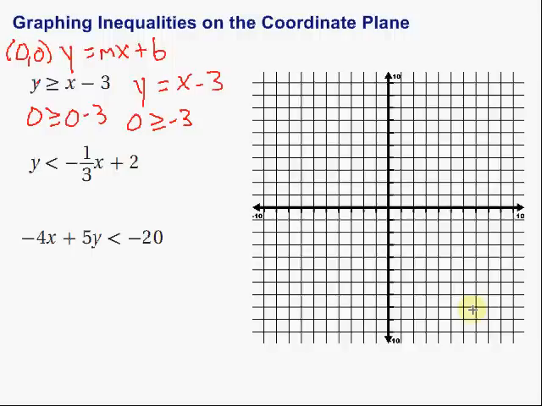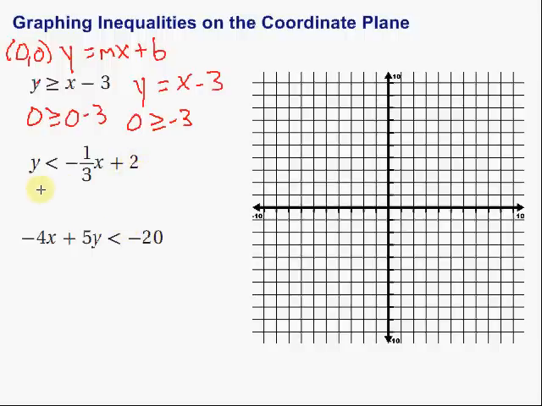Get a new coordinate plane going here and switch colors so we can tell apart what we're doing. This one, we have y is less than -1/3 x plus 2. So again we're going to start by graphing that boundary, which is y equals -1/3 x plus 2, and we want to find our slope and our y-intercept to do that graphing.